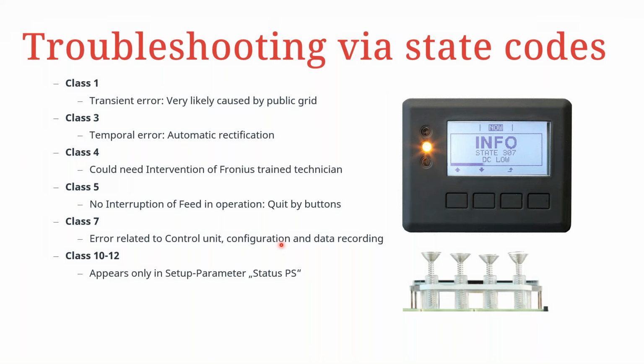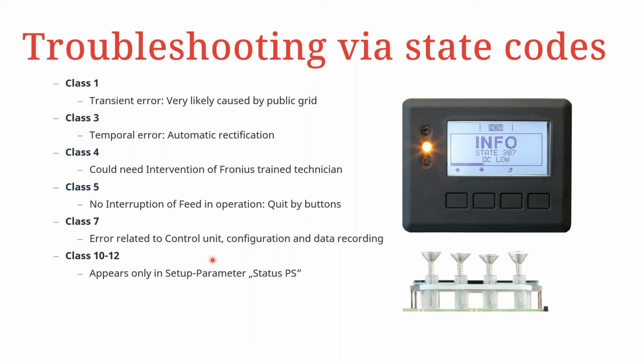So what are these error codes? We have them in classes, and the troubleshooting processes carried out depend on the respective classes. Class 1 errors are usually transient errors, very likely caused by the grid.